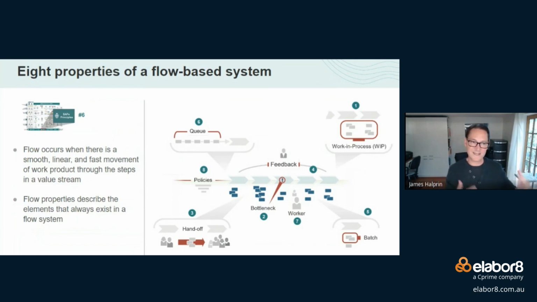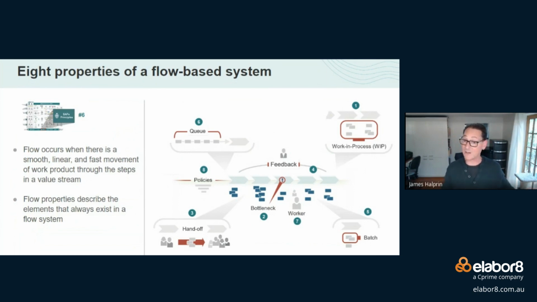And so if we really take a step back and say, well, what are the properties of a flow-based system? Firstly, there's work in process. There's always lots of things to be done, and we're always in the process of building things. Second, there are bottlenecks in our system. Why do we care about that? Because obviously we want to minimize those bottlenecks, because bottlenecks inhibit our delivery of value to our customer.